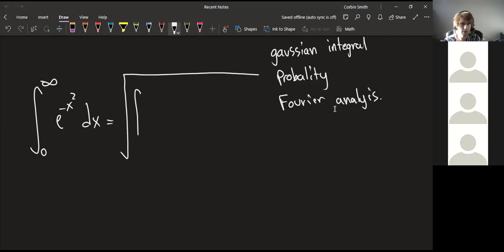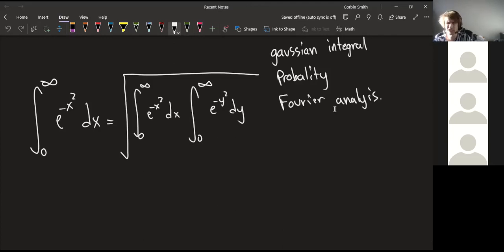Again, it looks like I'm just making it harder, but this is all so that we can use polar coordinates to integrate this thing. All I've done is multiply it by itself, and since this thing is strictly positive, we don't have to worry about taking square roots.